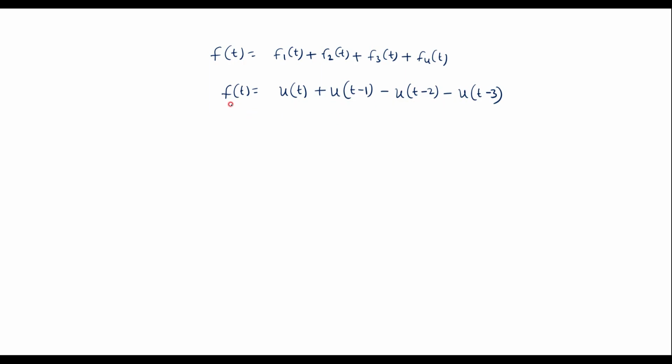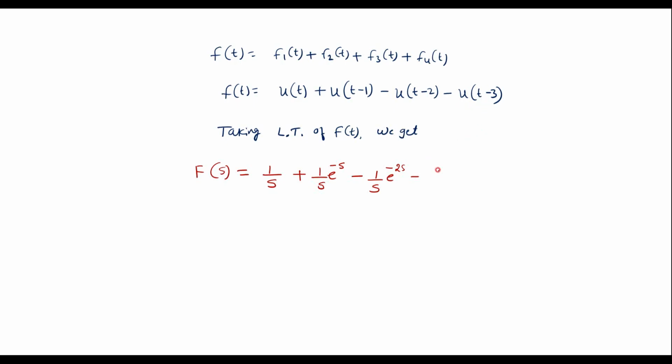Now we need to take Laplace transform of f of t. Taking Laplace transform of f of t, we get f of s, which is equal to Laplace transform of u of t, which is 1 over s, plus Laplace transform of the shifted version, which can be represented as 1 over s e power minus s, minus 1 over s e power minus 2s, applying the shifting theorem, minus 1 over s e power minus 3s.